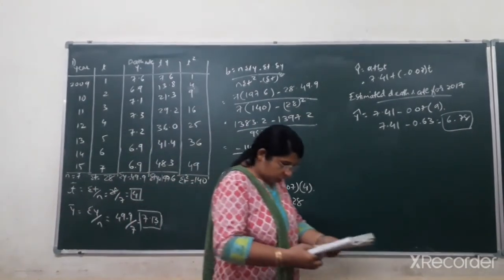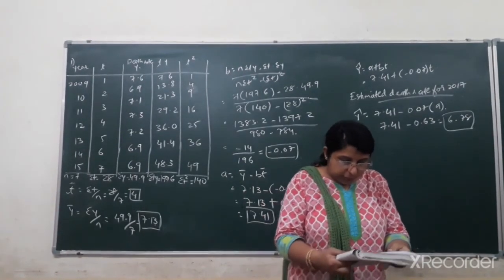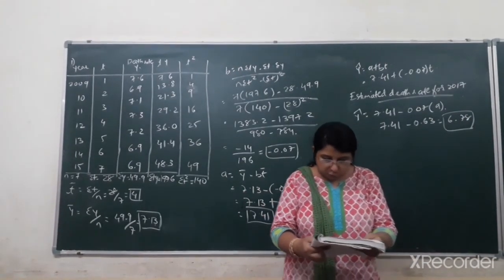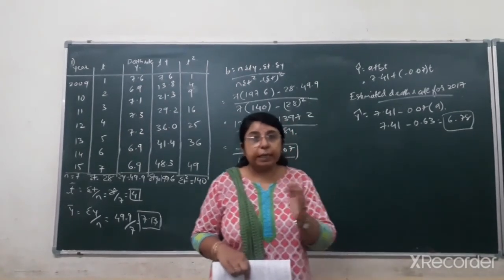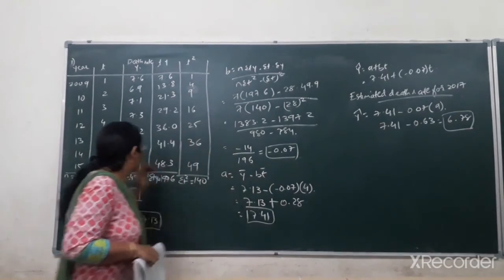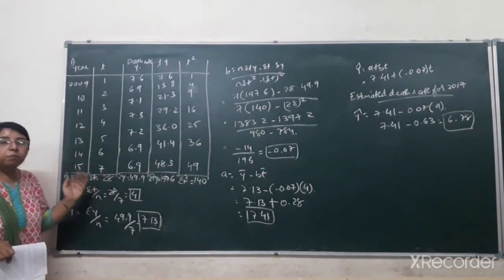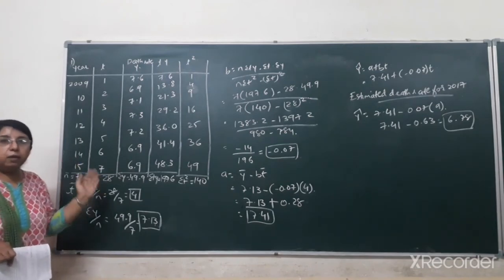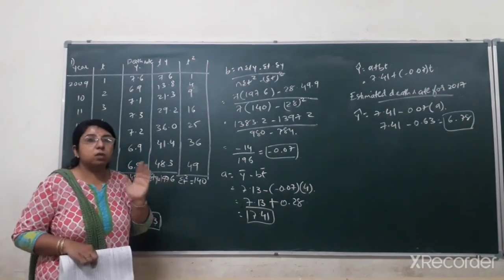See students, in the question it has been mentioned to fit a linear equation to find the trend and hence estimate the death rate for the year 2017. You have to estimate from the data that has been given to you from 2009 to 2015. Now after calculating the time series or the trend, you have to estimate the death rate for the year 2017.